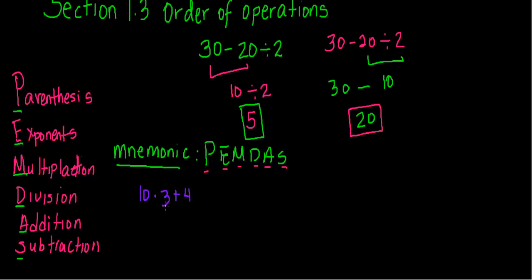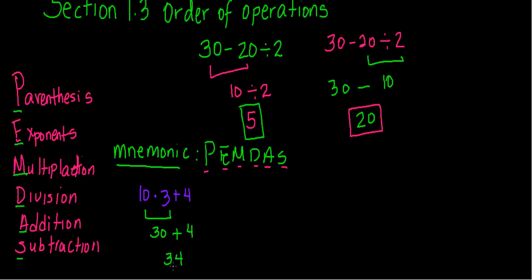There are no parentheses here, so I skip that step. Next step is exponents. No exponents here, so let's skip that one too. Multiplication comes next. I do have a multiplication, so I do multiplication first. So 10 times 3 is 30. I bring down the plus and the 4, and now I'm left with 30 plus 4, which is 34. And you're done.